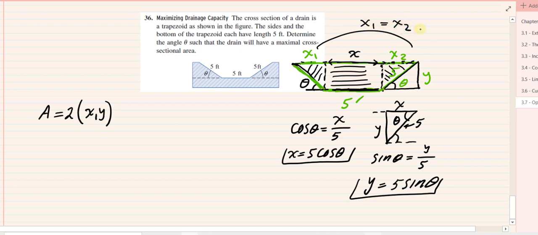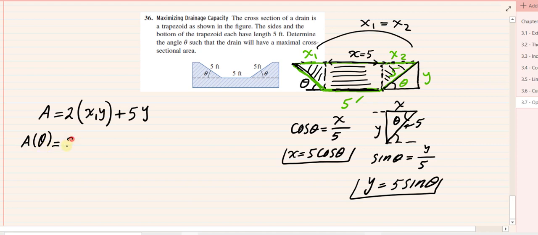So that's why I can go twice x1 times y, plus the area of the rectangular portion, which is 5 times the height, 5 times y. Now the area in terms of x and y is given, so let's write those in terms of theta. We want area in terms of theta because we want to optimize the angle theta.